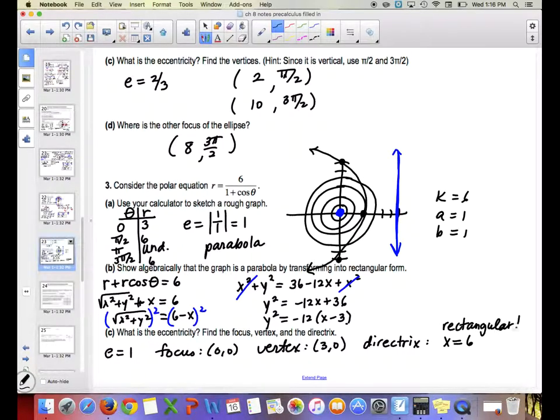How do you think we would write it in polar? What would we replace the x with? r cosine of theta equals 6. So how do I write that vertical line then? It'd be 6 divided by cosine, which is 6 times secant theta. That would be the way you would write that directrix.